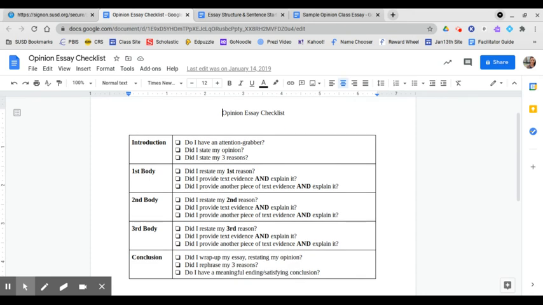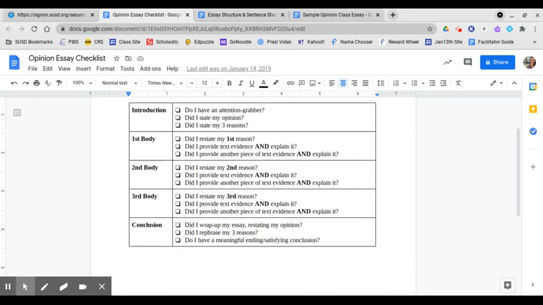So when we look at the different parts of each paragraph, our introduction always comes first, no matter what type of essay we're doing. And with that, our first sentence of our essay, just like our other essays, is always our hook, our attention grabbing sentence to grab the reader's attention. After that, instead of just thinking of our main idea statement from our informative essays, this time it's going to be our main idea opinion statement.